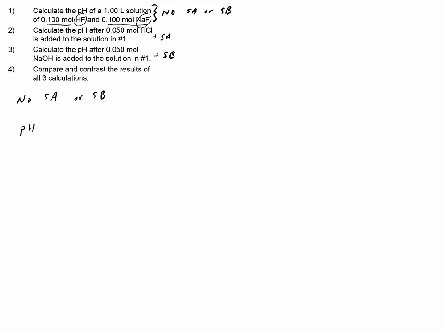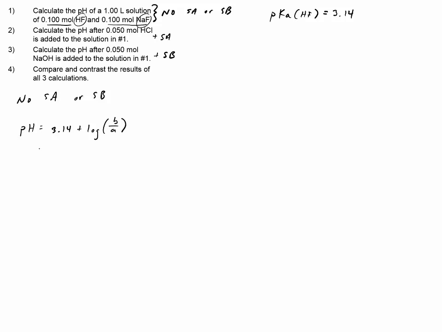So pH would equal pKa. The pKa of HF, which we'll be using in each of these problems, is 3.14. So this will be 3.14 plus the log of the concentration of base over acid.